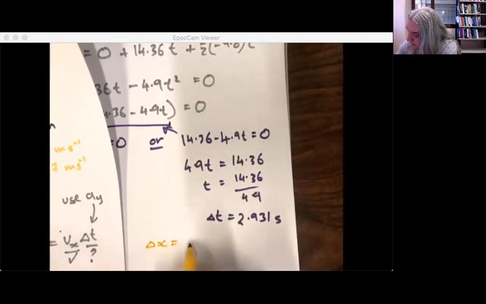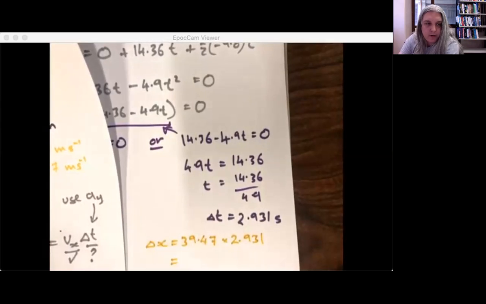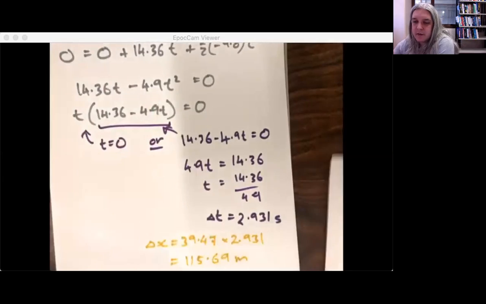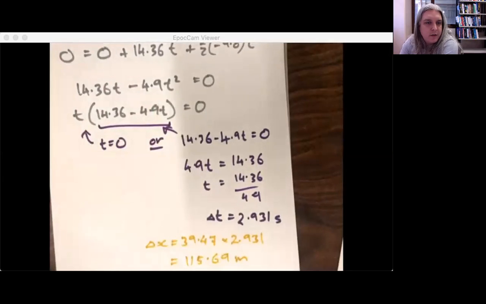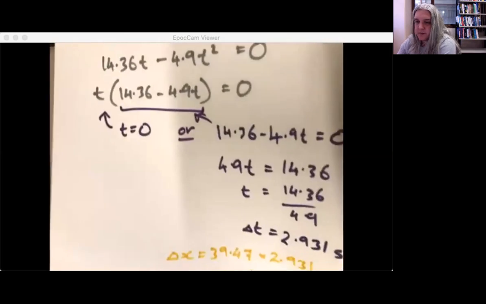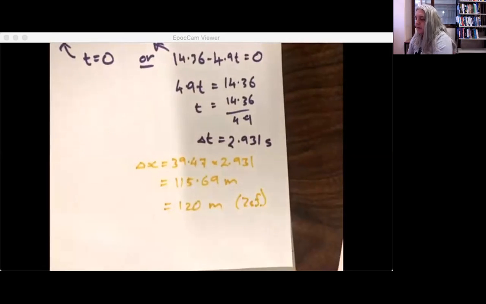So delta x is equal to 39.47 times 2.931, which gives us a total distance of 115.69 meters. The values in the original problem were given to only 2 significant figures: 42 meters per second and 20 degrees. So we would write that as 120 meters to 2 SF.